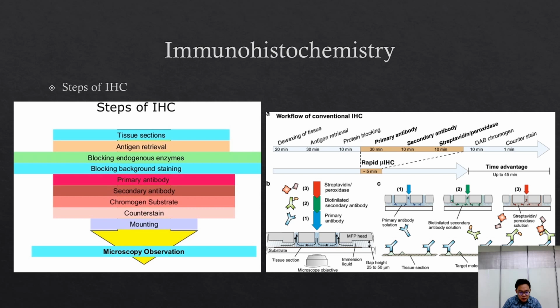Phase 2 starts with the deparaffinization of tissue sections and includes all the steps from antigen retrieval and blocking non-specific activities through the binding and detection of primary and secondary antibodies, and ending with counter-staining and cover slipping. Phase 3 includes evaluation of the IHC control, interpretation of results, and the generation of an IHC report.